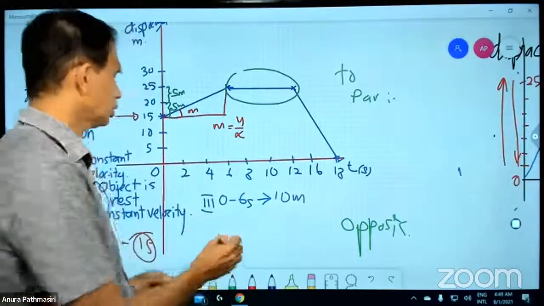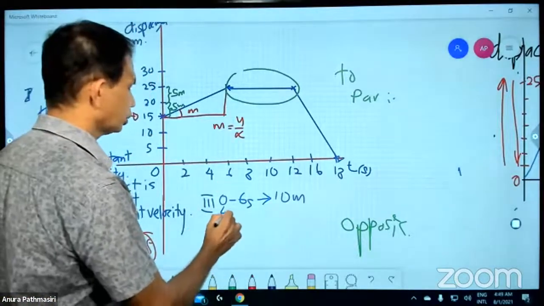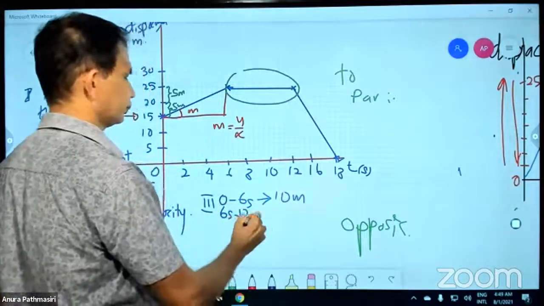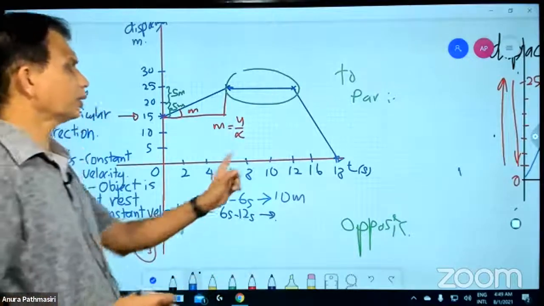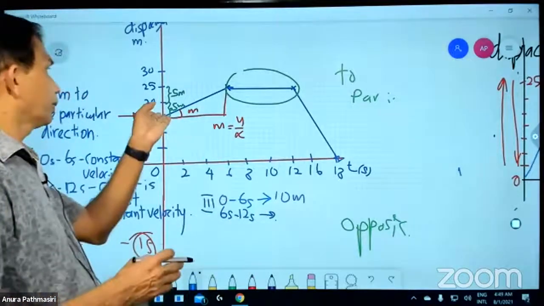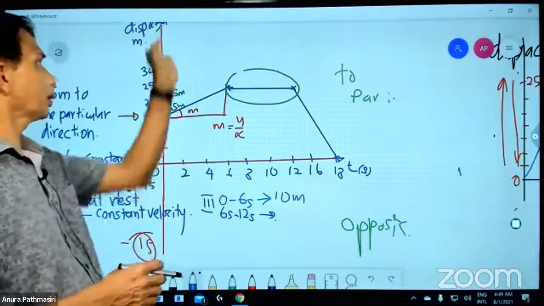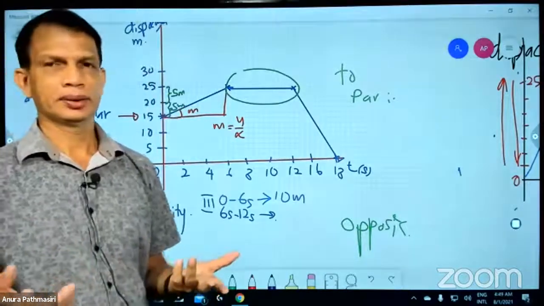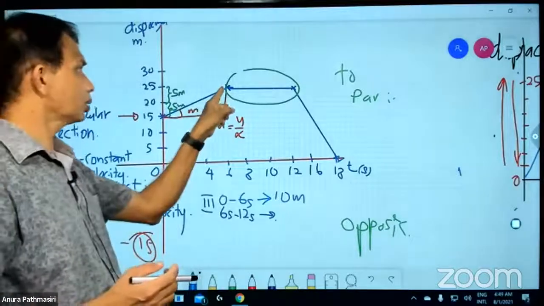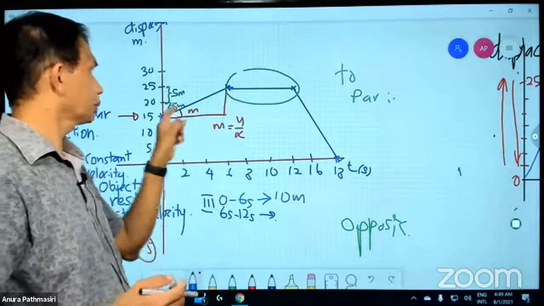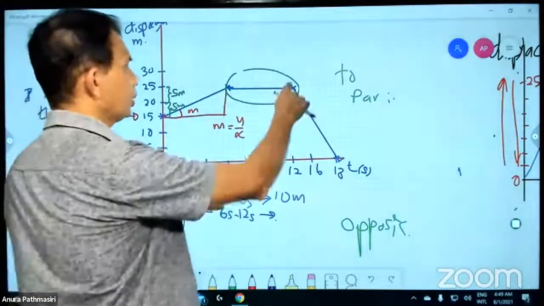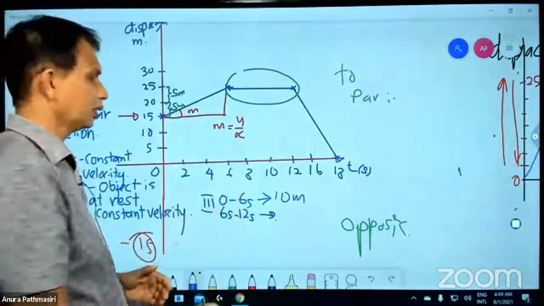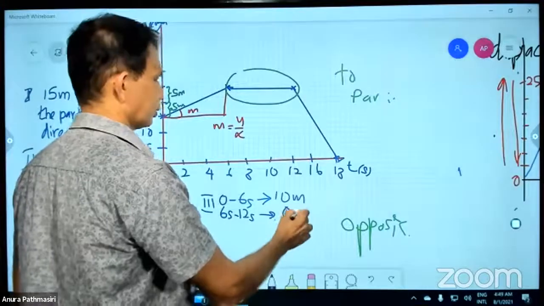My next question is from 6 second to 12 second. See whether you can move up and down along the y-axis. You can't, because it is always the same. So within 6 to 12 seconds, the distance it moved is 0 meters.